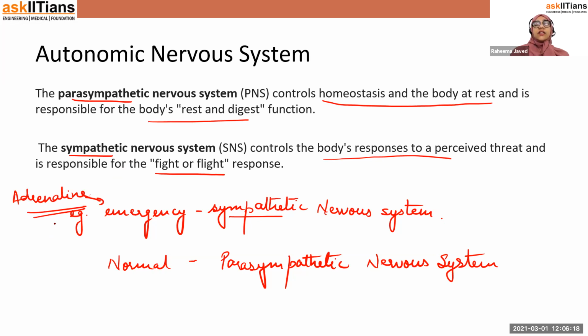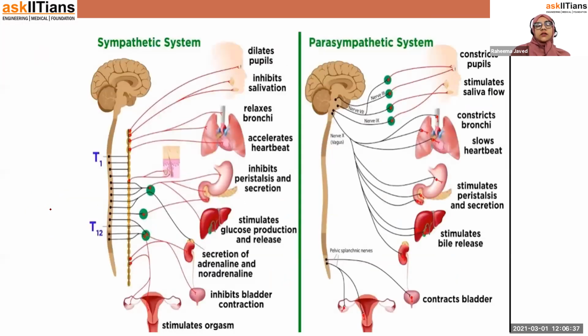The sympathetic nervous system works in coordination with this hormone secreted from the adrenal medulla. So here there is a little bit of coordination between the nervous system and the endocrine system. As you can see, some of the changes are presented here.